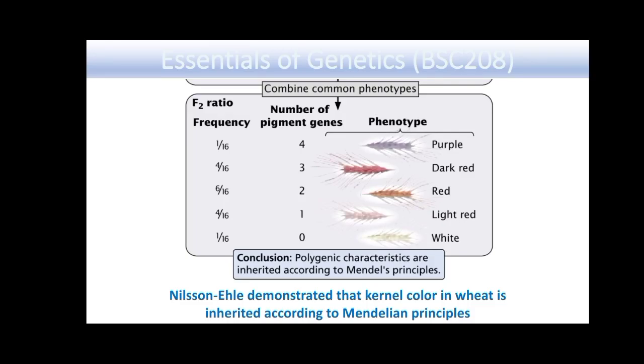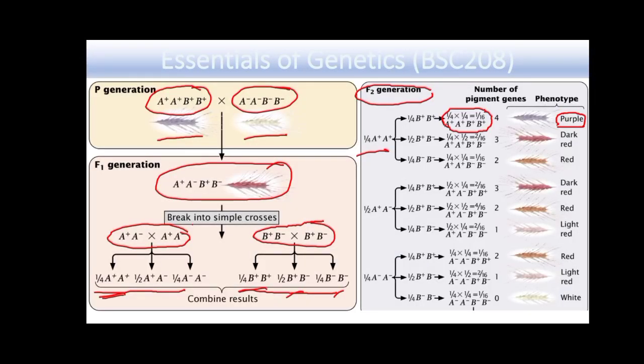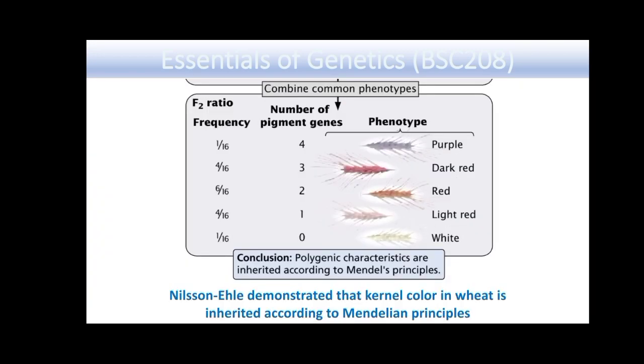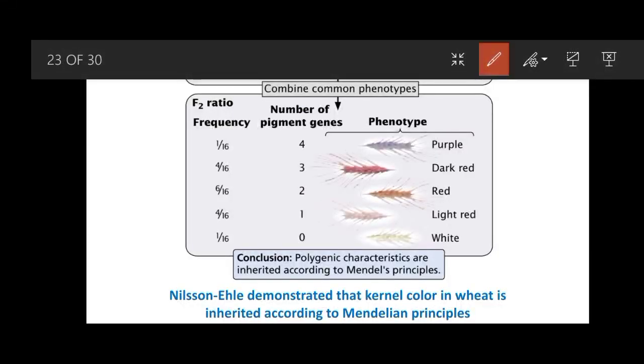And the F2 ratio, when combining different phenotypes: if we look at the previous slide, there are different colors, and when we combine these colors together, the number of pigment genes is 4 in the case of purple color, and for this purple color only one plant is present.